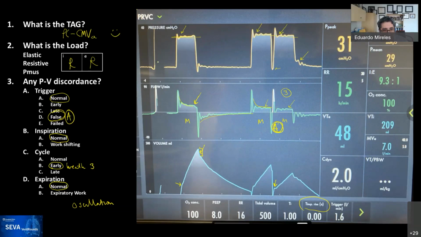If you see the prior one, this one over here, the one that we don't have complete, you see how it rises, it has the PMOs, and it actually drops the effort there. So I do think that's the only one that is a patient-triggered breath that I can see.